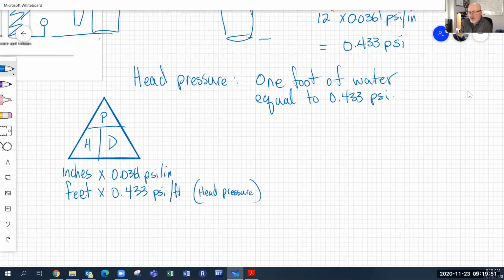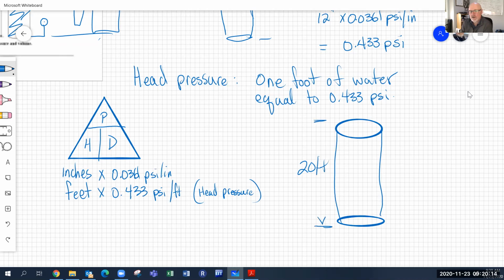For example, if I had a piece of pipe that was, say, 20 feet tall and it was full of water, what's my pressure at the base?